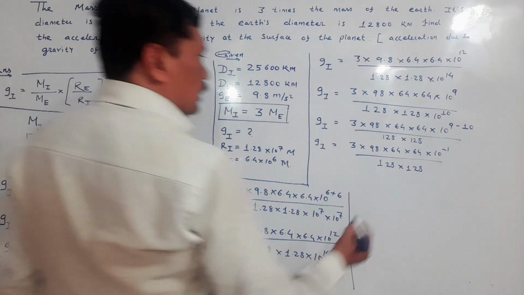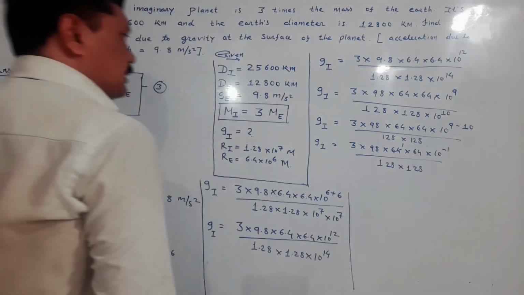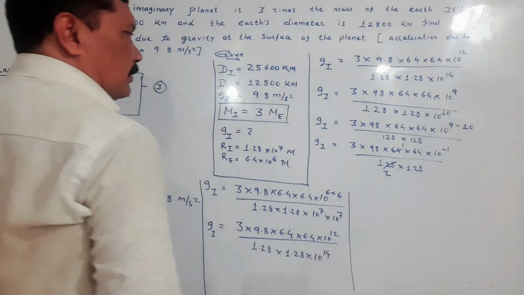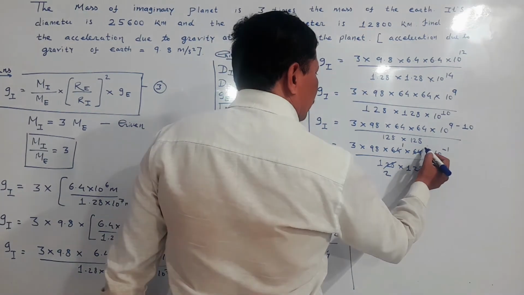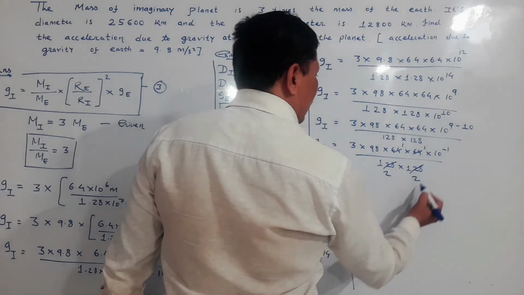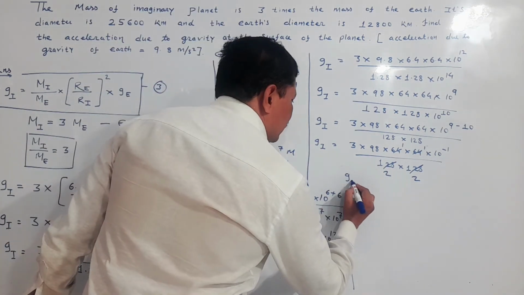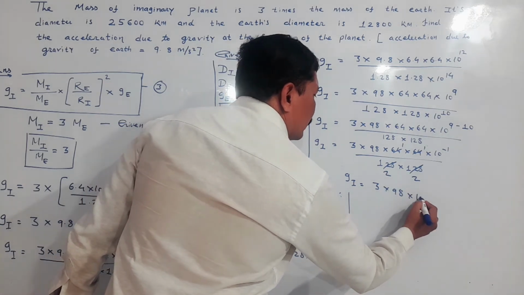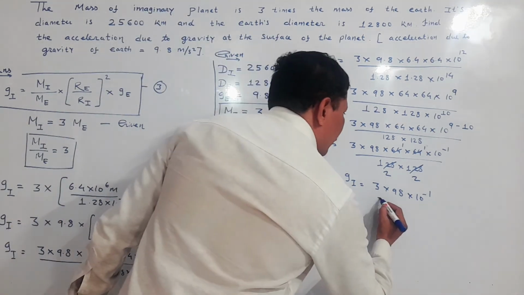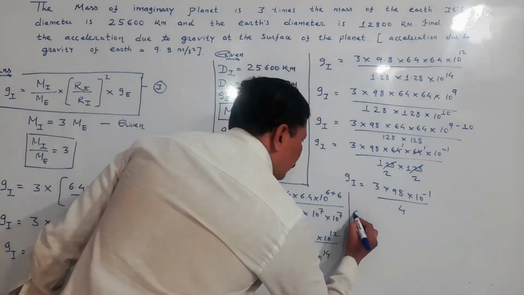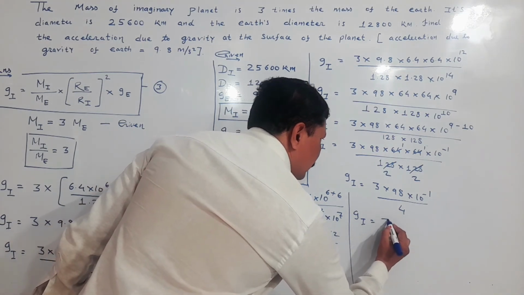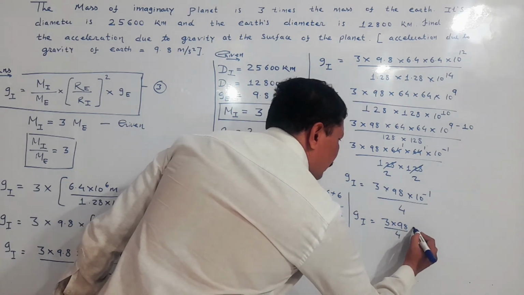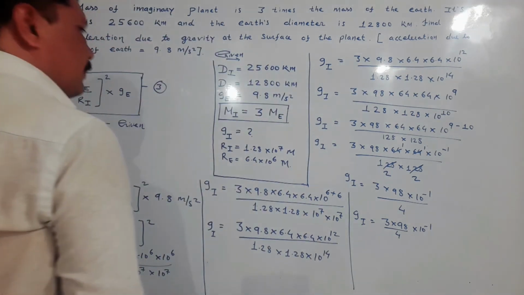Now my dear student, here 64 1s are 64, 64 2s are 128. So we can write Gi is equal to 3 into 98 into 10 to the power minus 1 divided by 4. So my dear student, Gi is equal to 3 into 98 divided by 4 into 10 to the power minus 1 we can write.